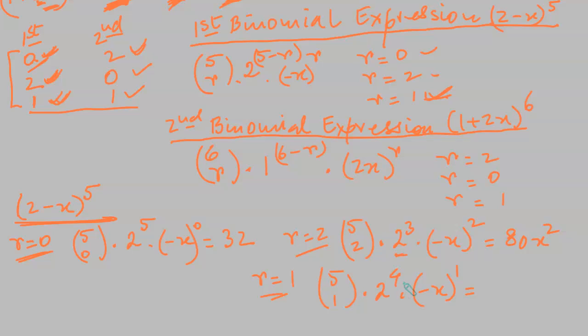So 16 times 5 is equal to 80. But there is this negative x raised to the power of 1, so there will be this negative sign in front. It will be negative 80x. So we have found the 3 terms from the first binomial expression. Let us move on to the second binomial expression.